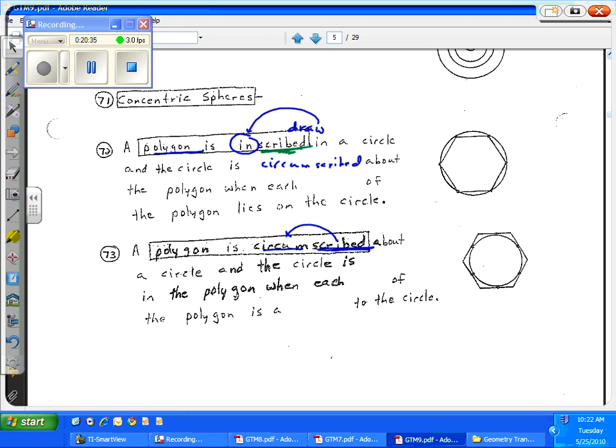About the polygon, when each, see this polygon that's inscribed? When each vertex of the polygon lies on the circle. So we say that a polygon is inscribed in a circle, and the circle is circumscribed about the polygon. It's if each vertex of the polygon is a point on the circle.